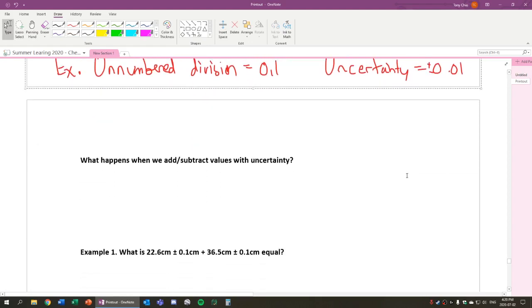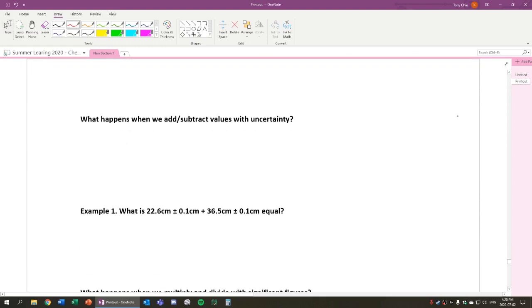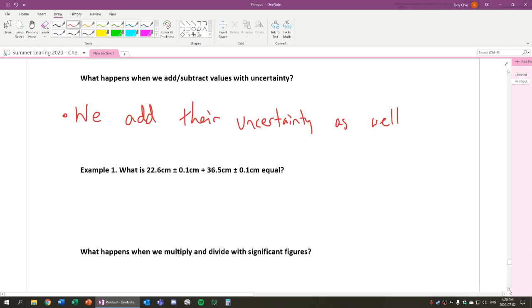So what happens when we add and subtract values that have uncertainty in them? Say you were trying to add two beakers together. What we do here is we add their uncertainty as well. So what does that look like?